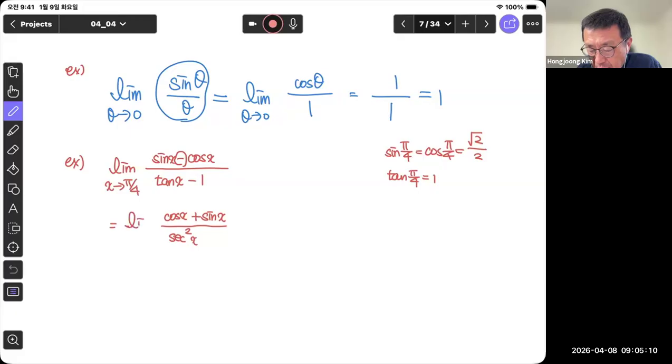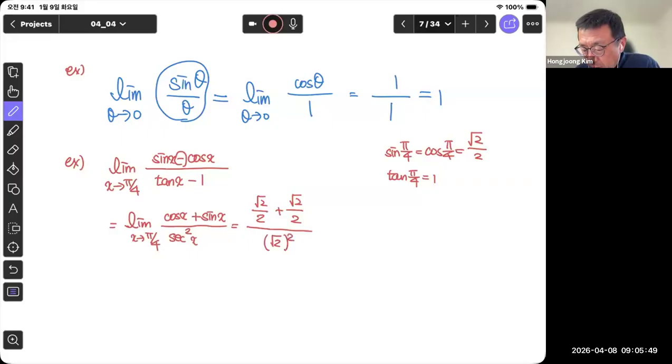Then if you let x approach quarter pi, as I said, cosine at quarter pi is square root of 2 over 2, and sine is also square root of 2 over 2. And secant is the reciprocal of the cosine, so secant will be square root of 2, and then I need to square that value.